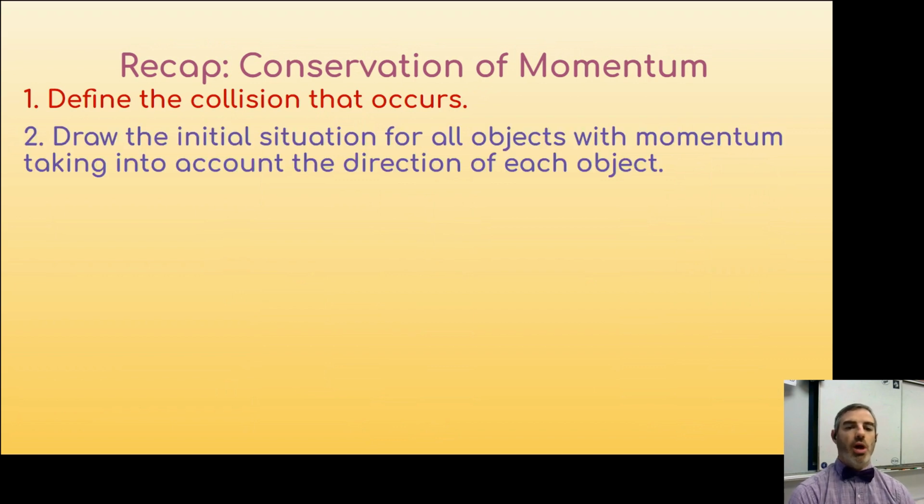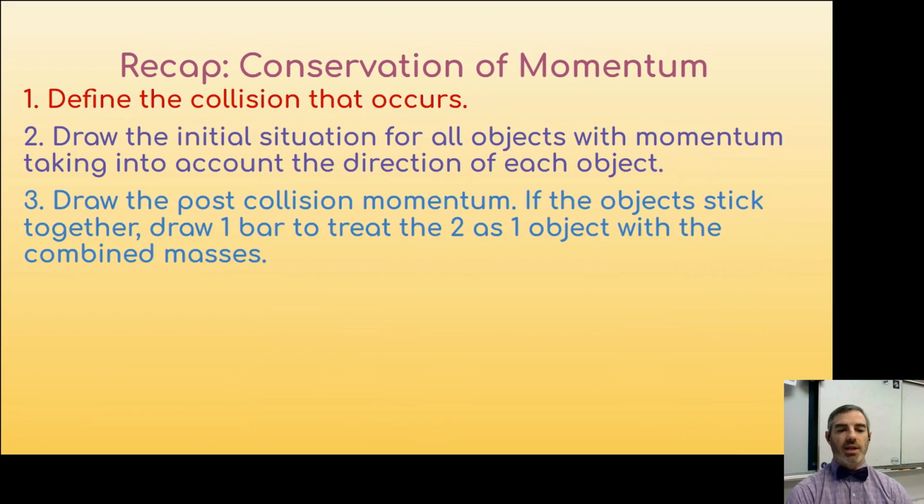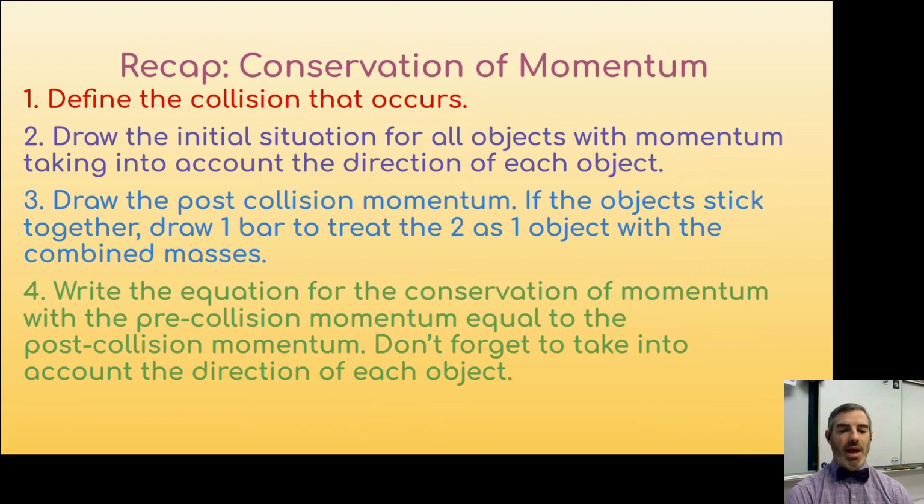The second is we draw the initial situation for all objects with momentum, taking into account the direction of each object. Then we draw the post-collision momentum. If the objects stick together, we can draw one bar and treat them as one object with the combined masses.